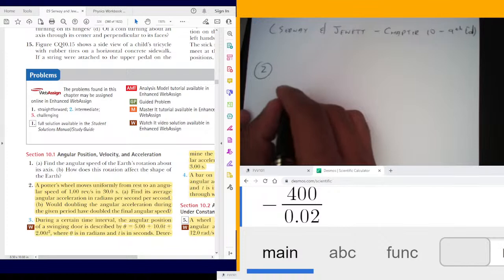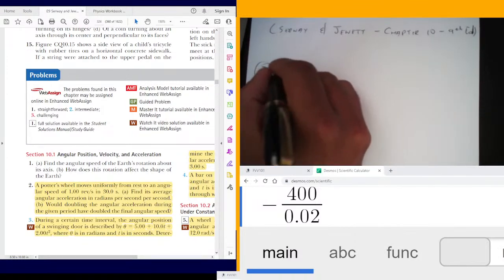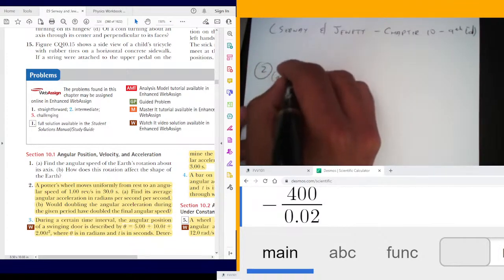So it moves uniformly from rest. The first question is A, find its average angular acceleration in radians per second squared.